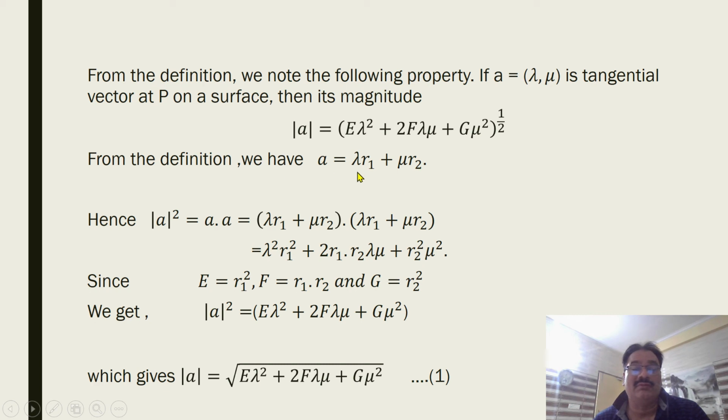Further, from the definition, we have A equal to lambda r1 plus mu r2. It means |A| squared is lambda squared r1 squared plus twice r1 dot r2 lambda mu plus r2 squared mu squared. We know E is r1 squared, F is r1 dot r2 and G is r2 squared. It means we may rewrite the modulus of A as the square root of E lambda squared plus twice F lambda mu plus G mu squared.